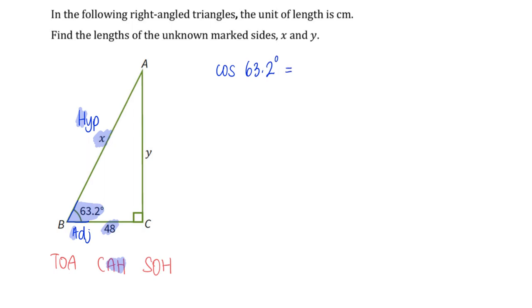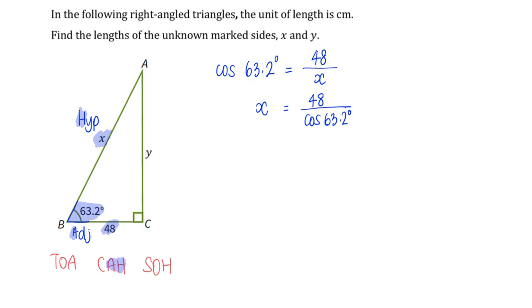x. Cosine 63.2 degrees will be equal to adjacent side 48 over my hypo, which is my x. So I am going to multiply by x on both sides and divide by cosine of 63.2 degrees on both sides, such that it will look like this in the next line.